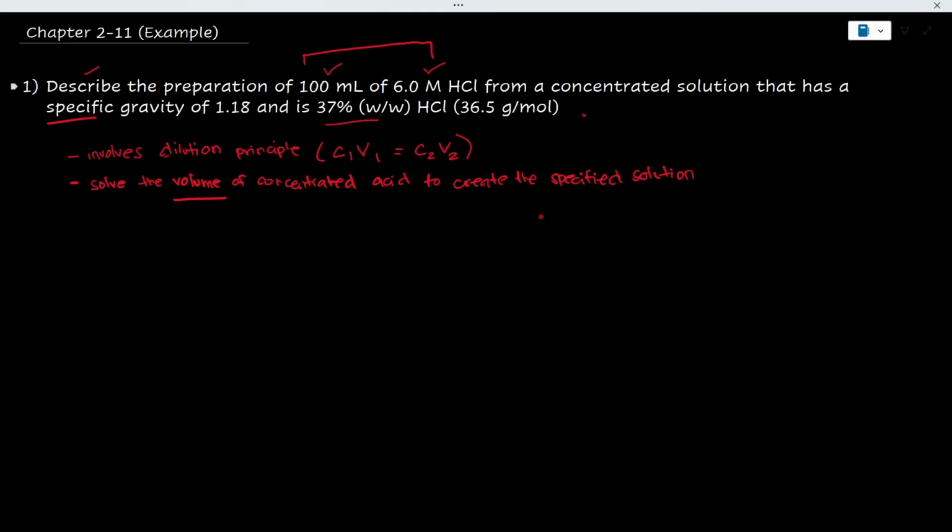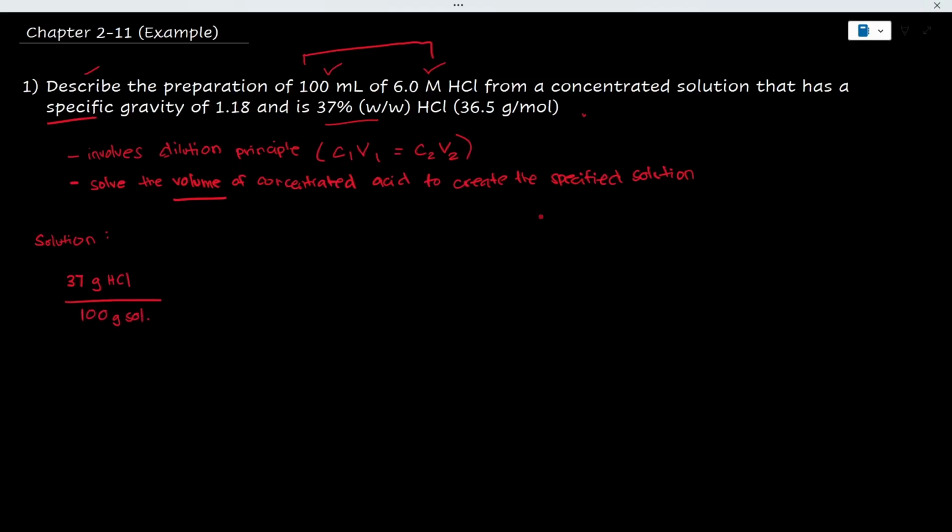Okay, so let's start by solving the concentration of the concentrated solution. If you have seen the previous video, we have discussed how to do that. We start with the 37% mass percent, so that is 37 grams HCl per 100 gram solution.